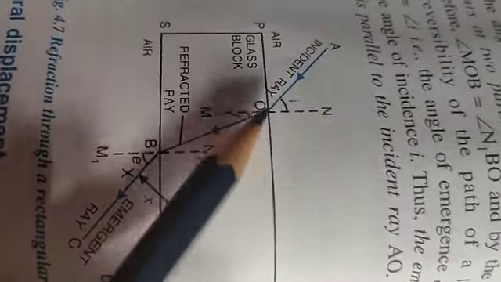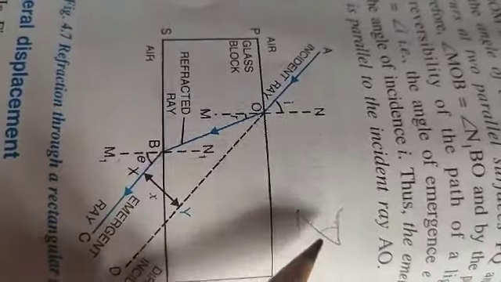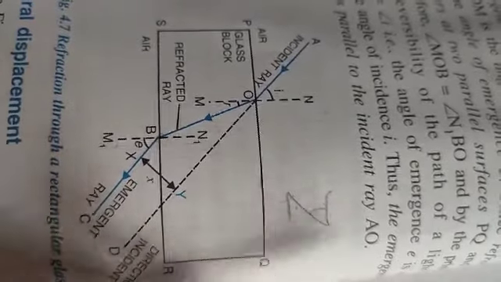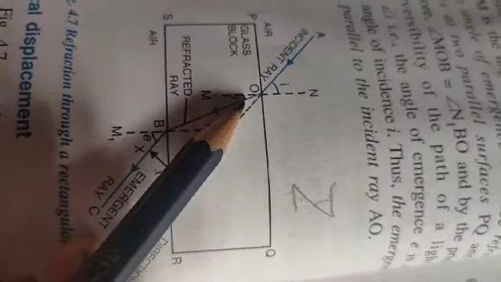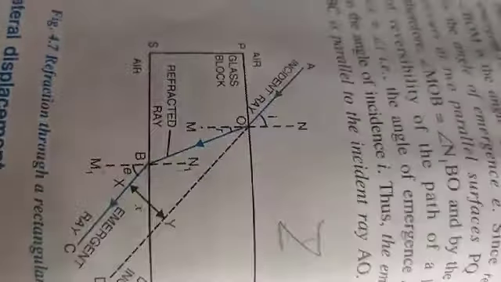If this side and this side are parallel, then this angle and this angle have to be equal. So this angle r and this angle r have to be equal because PQ and SR are parallel.